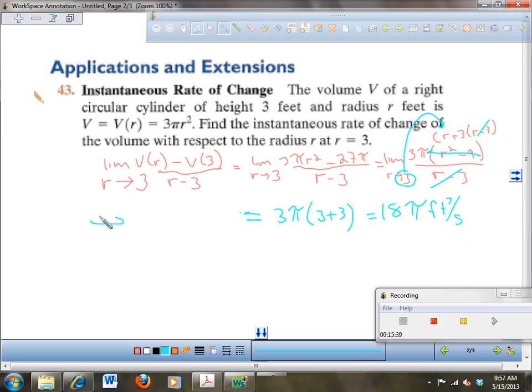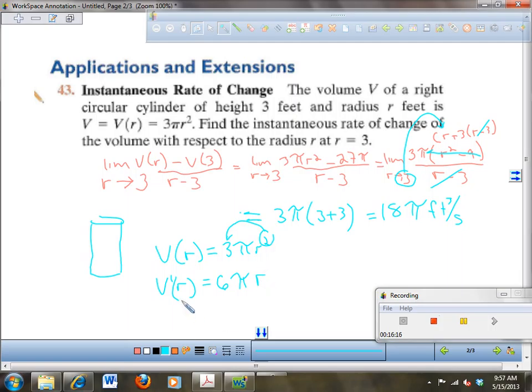So that's if you have a cylinder, and the radius is changing. How fast would your volume be changing, per unit of time, whatever the units happen to be. And then the way you would do that with the shortcut: if V of r is equal to 3 pi r squared, then V prime of r, the derivative, you take this number, that's your variable, and multiply it times the constant term, which gives you 6 pi, and this goes down to r to the first.